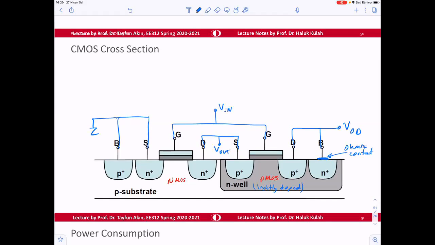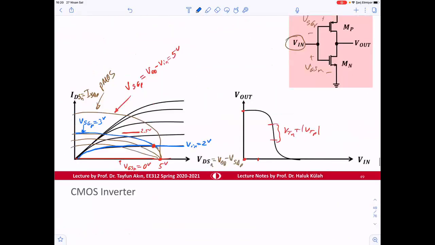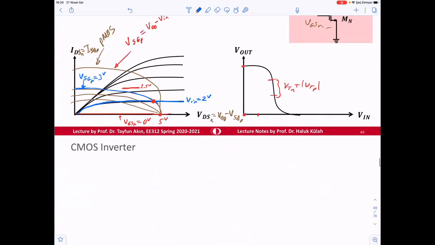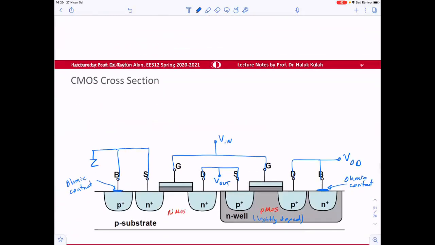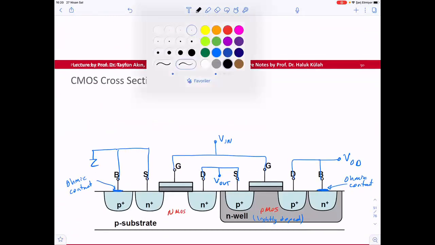Therefore we need N plus to get a good contact to that node. And then similarly, we talked about this in BJTs, right? So this is the device. So maybe draw this here.